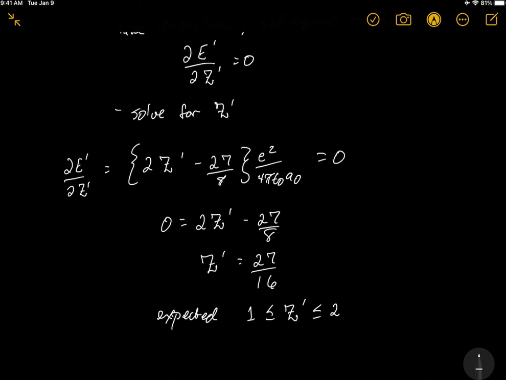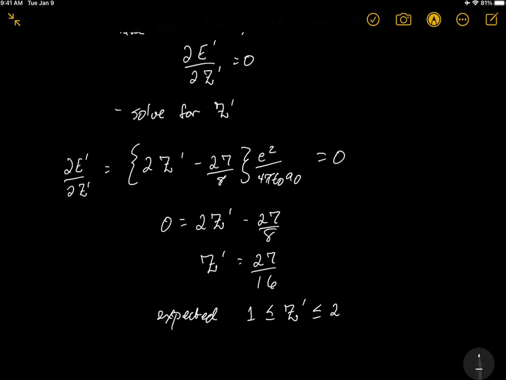So in the numerator, 27 is between 16 and 32, and so it's in the range that we expected, which is a good sign. That's a quick consistency check to show that we're getting results that are consistent with expectations.